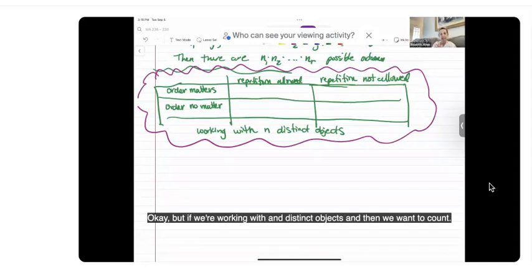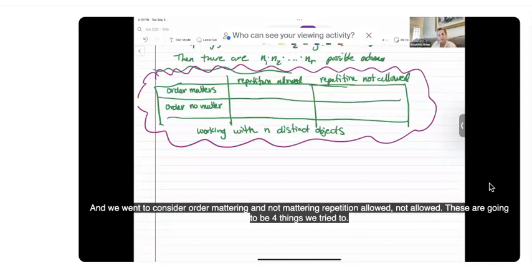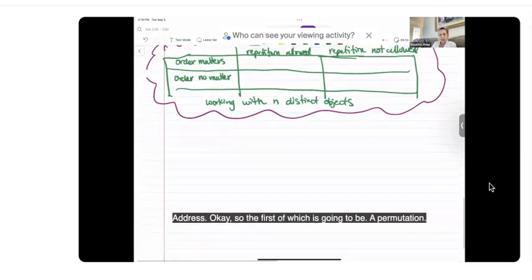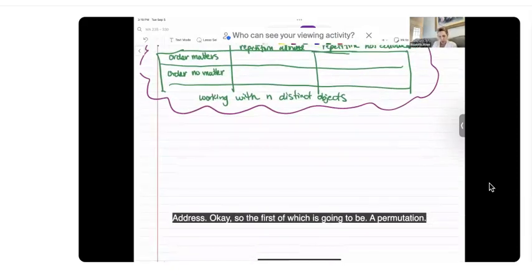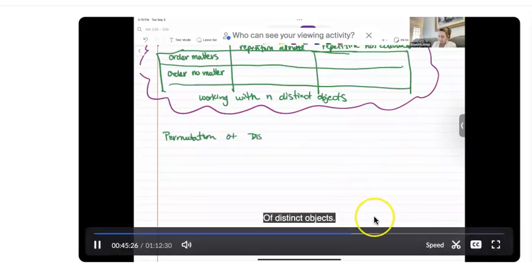But if we're working with distinct objects, and we want to consider order mattering and not mattering, repetition allowed, not allowed, these are going to be 4 things we try to address, okay? So the first of which is going to be a permutation of distinct objects.